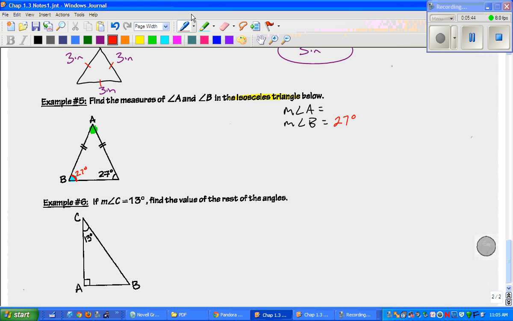Now, to find angle A, we know that the whole triangle equals 180. So if we take angle B plus the angle we already know, which is 54, and then subtract that from 180, we're going to find out what angle A is. So angle A is 126 degrees.